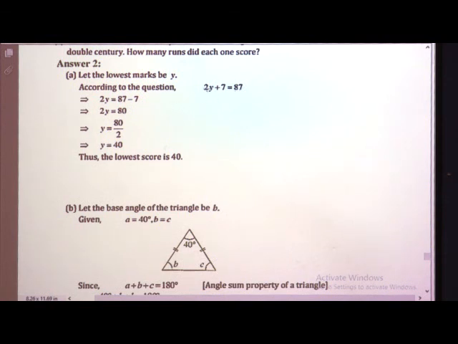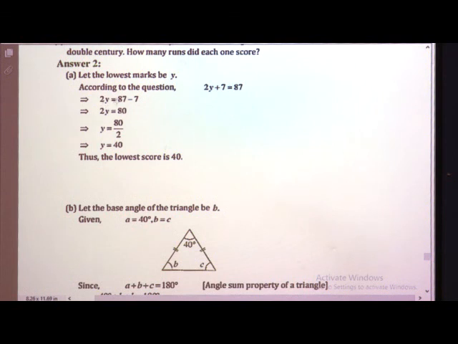Twice the lowest marks: we are considering the lowest marks as y, so it is 2y. 2y plus 7 is equal to 87, the highest score. Now it is easy to find the value of y. You know very well, because we have seen many different types of examples and the steps also.